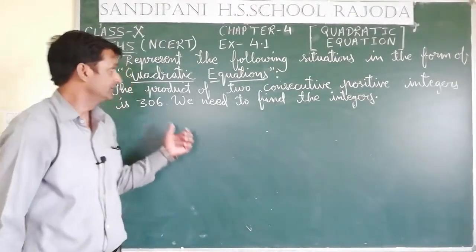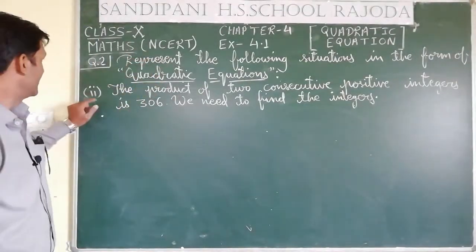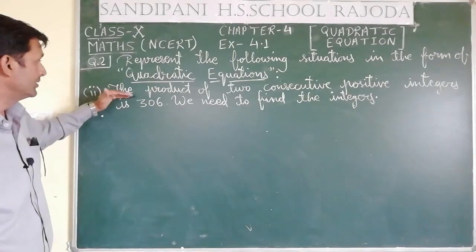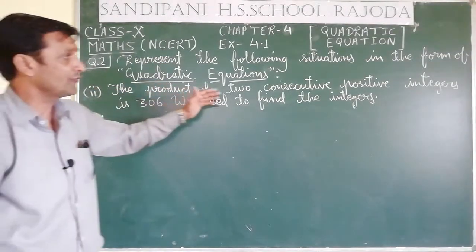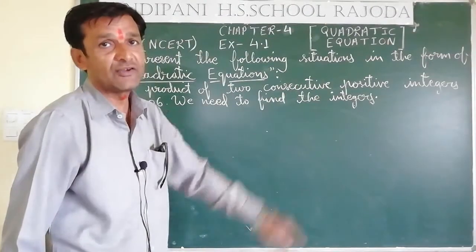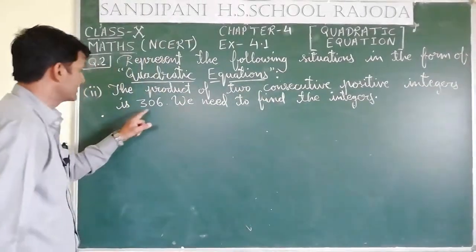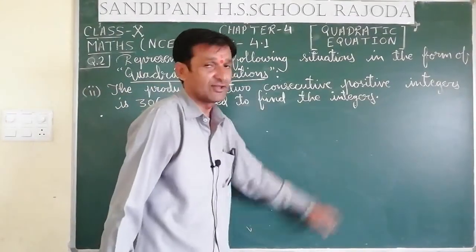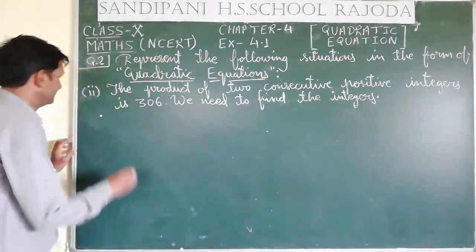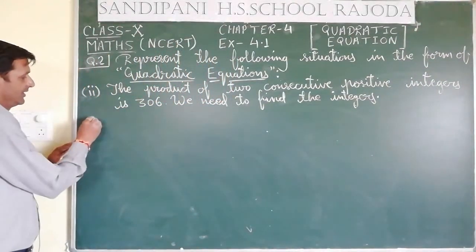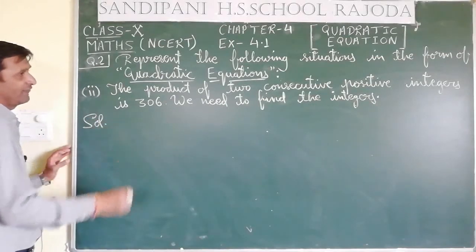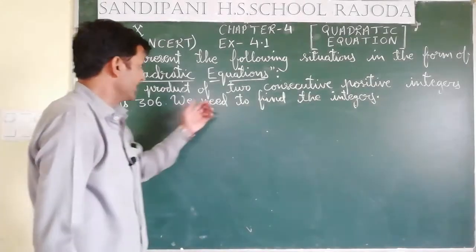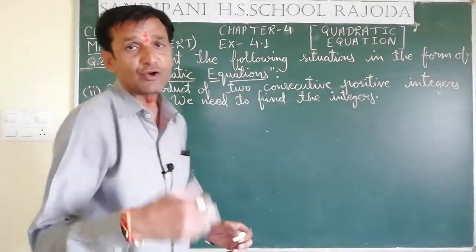Another question for same, it is second part of the second question. The question is, the product of two consecutive positive integers is 306. We need to find the integers. So in solution we have to write, first of all, see what do you mean by consecutive.